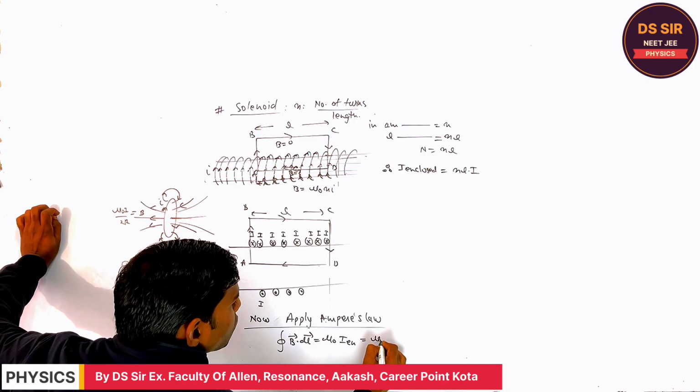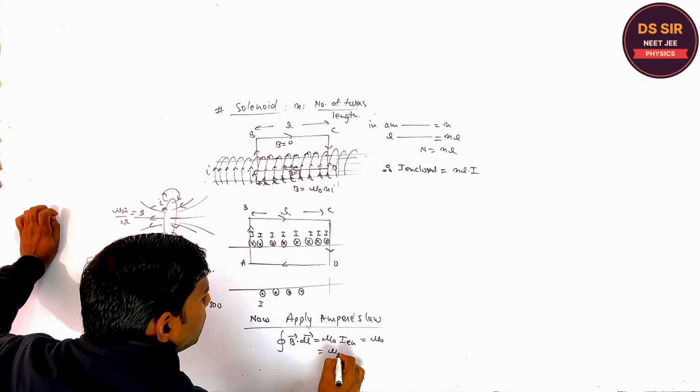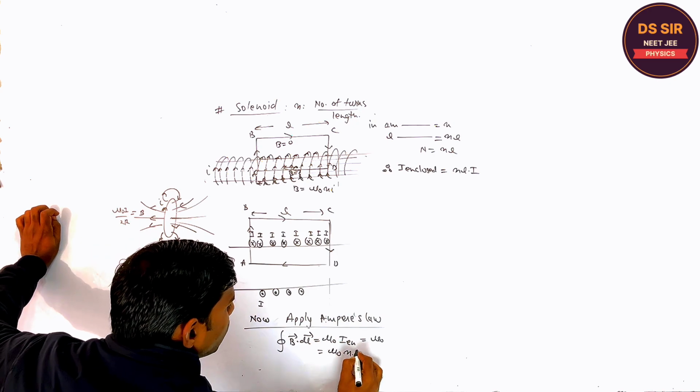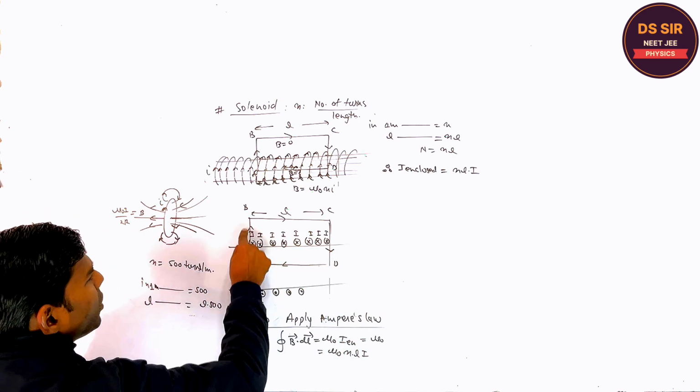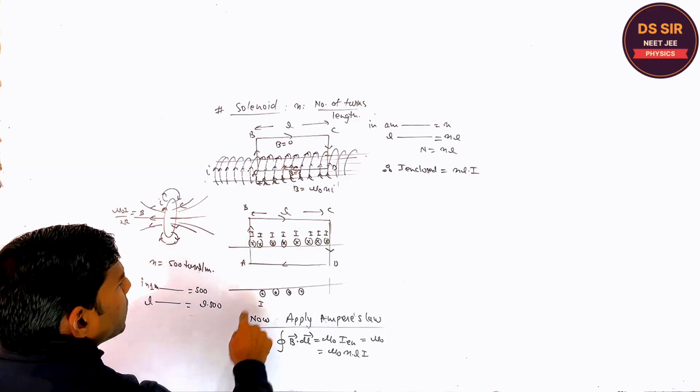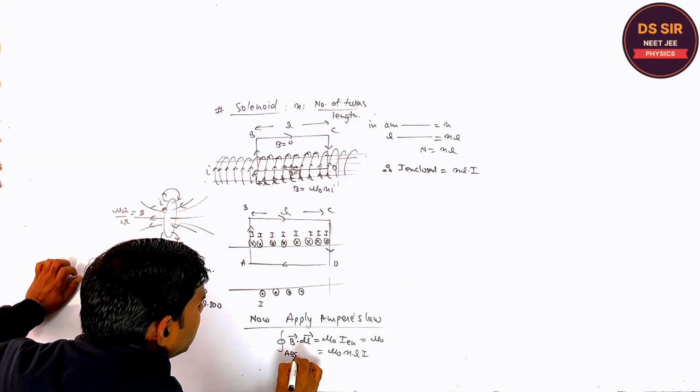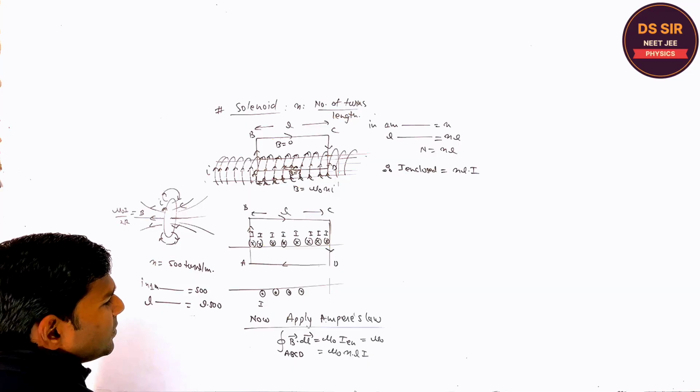And what is the I enclosed? It is n into L into I. Is it clear or not? So this is the B dot dl along this loop A, B, C, D.